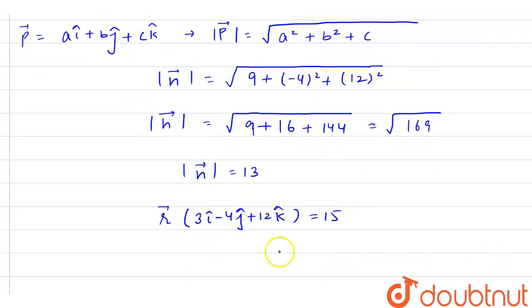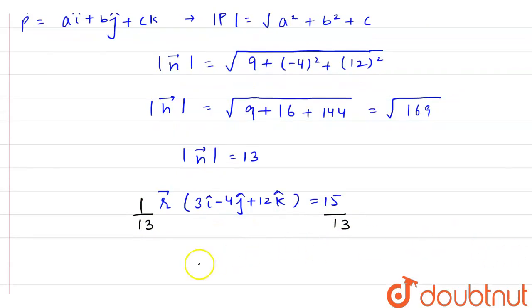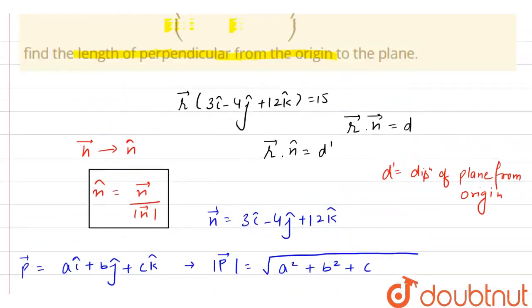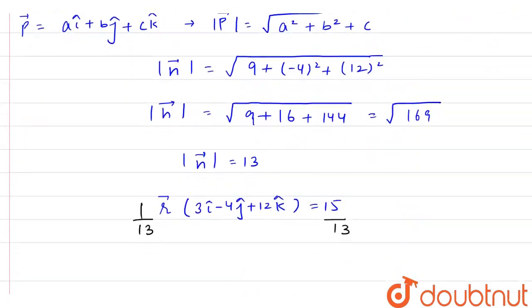If we divide both sides by 13, then we will get the normal form. Let's see here again, it is 5 here, not 15. Right? Now let's solve it further.